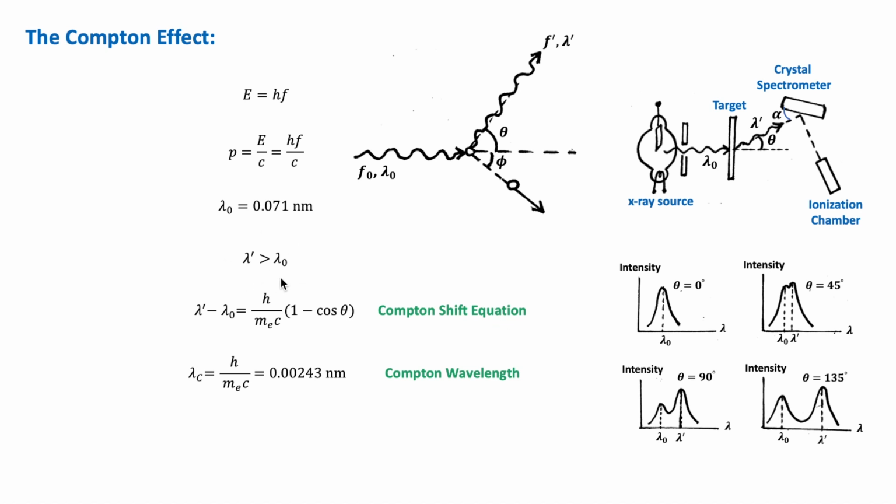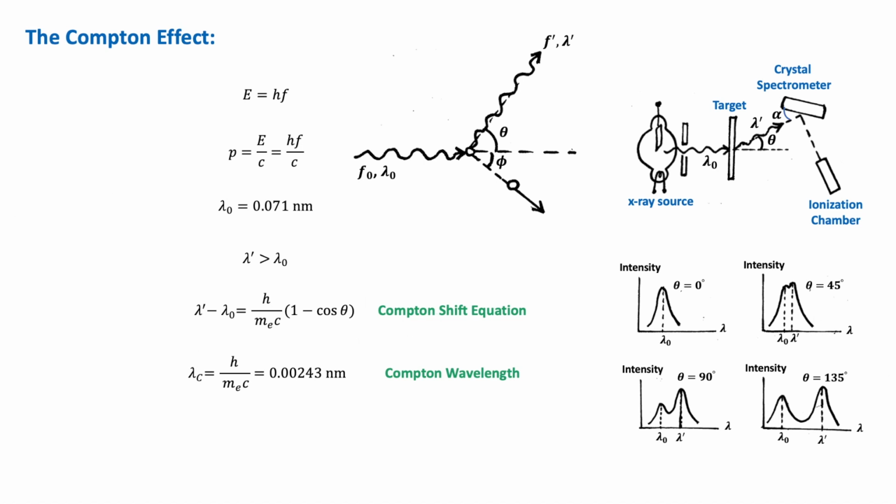This shifted wavelength is due to the scattering of the X-rays from the free electrons and is found by the Compton shift equation here. m_e here is the mass of the electron, and h over m_e c is known as the Compton wavelength, lambda c, and it's given by this value. Compton's measurements were in excellent agreement with this equation.